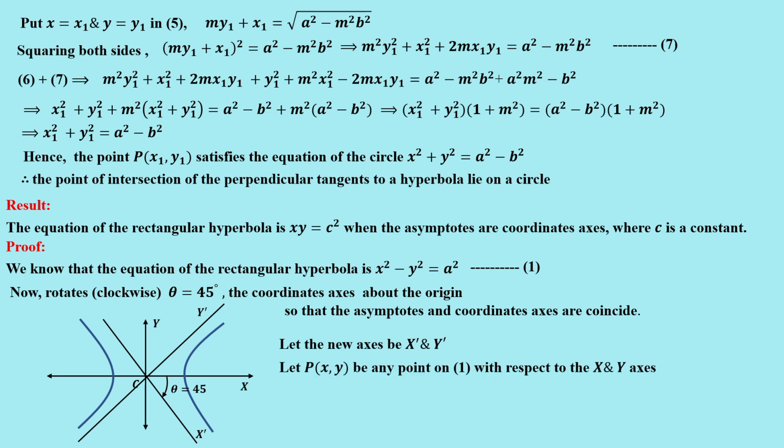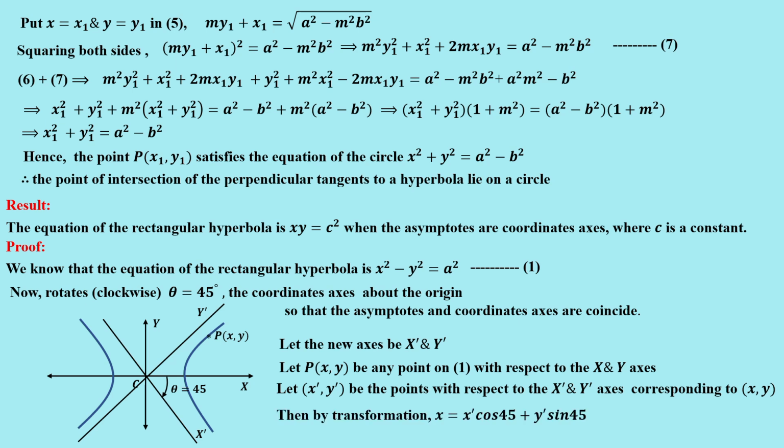Let P(x, y) be any point on 1 with respect to the x and y axes. Let (x dash, y dash) be the point with respect to the x dash, y dash axes corresponding to (x, y). By the transformation, x is equal to x dash cos 45 plus y dash sin 45. We know how to transform the coordinate axes.